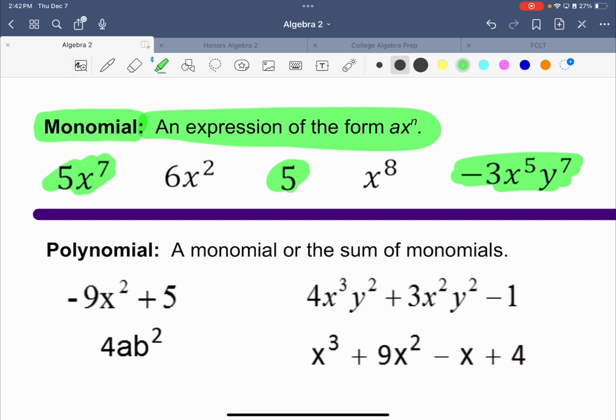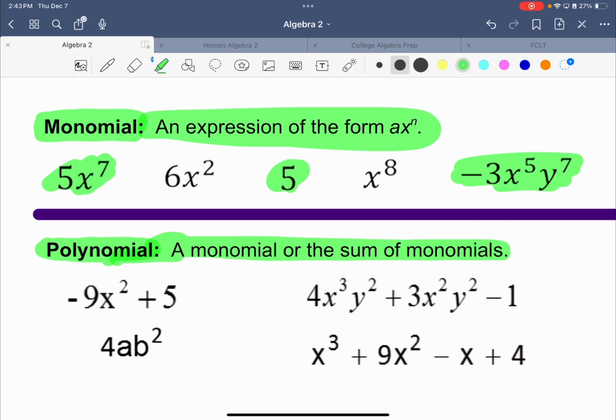When you string monomials together, or just a monomial in general, it's what we call a polynomial. A polynomial is a monomial or the sum of monomials. So it's the sum of individual terms.